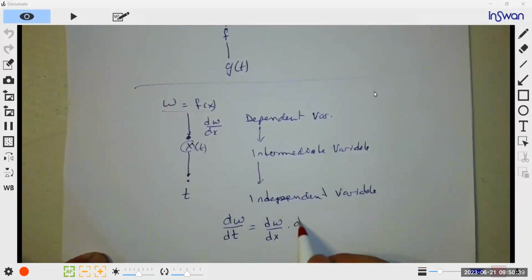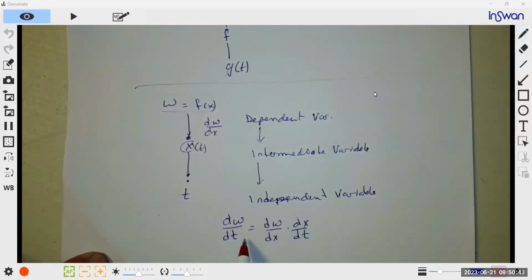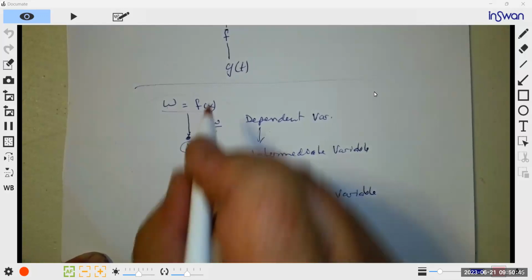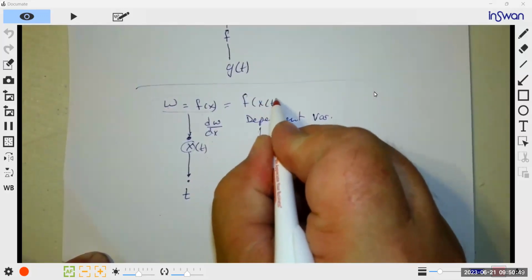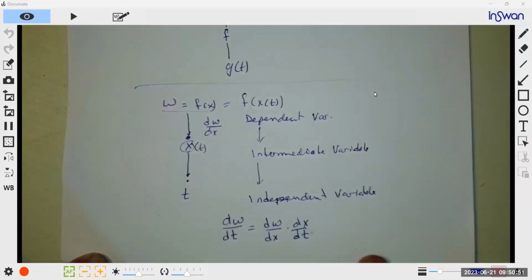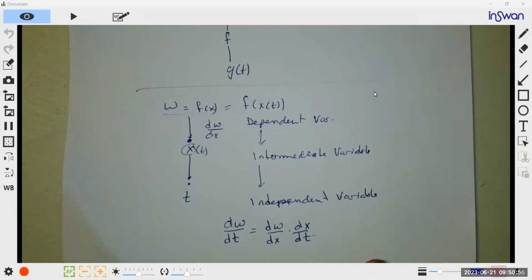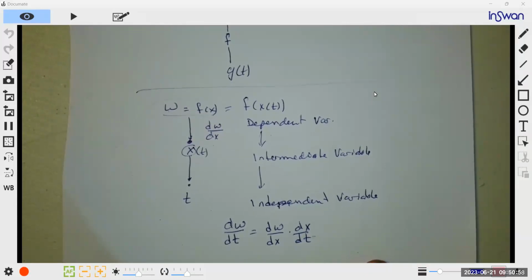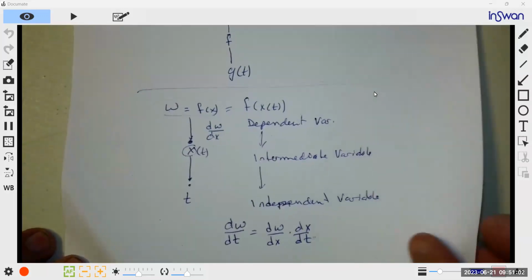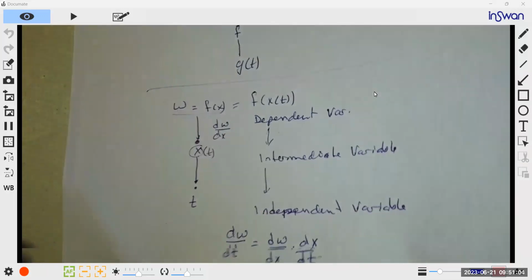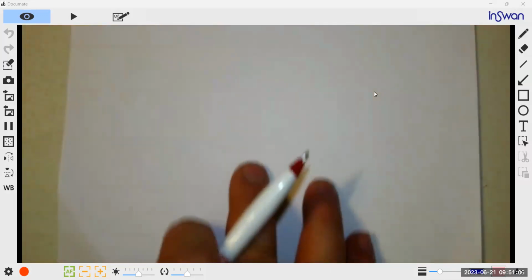And then we take the derivative of x with respect to t, because x is a function of t. So really what this means is f of x of t. That's in essence what we're looking at for the chain rule. And this is what we've been doing in calculus 1 and beyond for single variables.